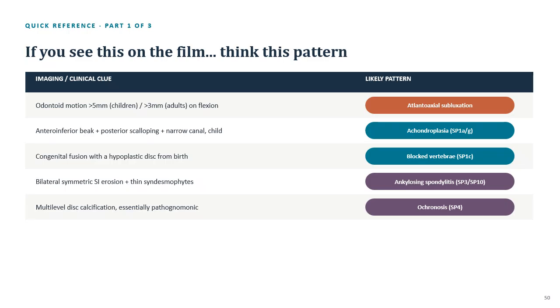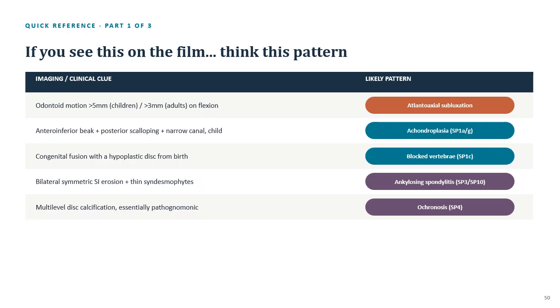If the SI joints on both sides of the patient are affected symmetrically, along with the patient having thin bone bridges, we might think about syndesmophytes, and that will lead them to the condition of ankylosing spondylitis. And last but not least, when we see calcification in multiple intervertebral discs, that might be ochronosis, that condition of ochronosis.